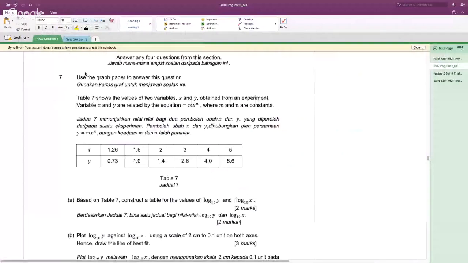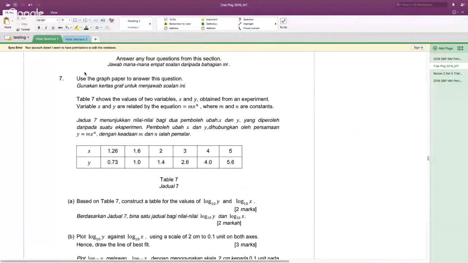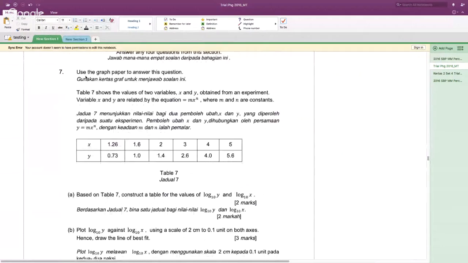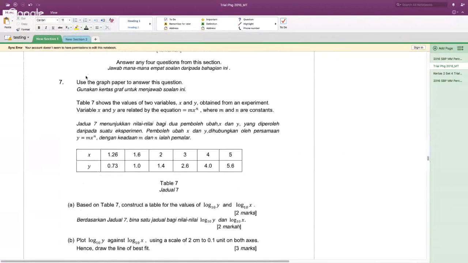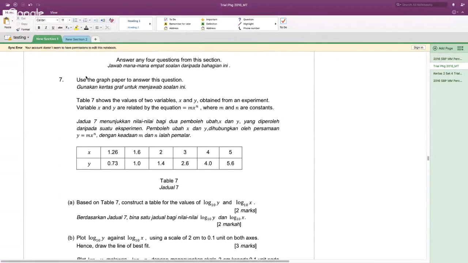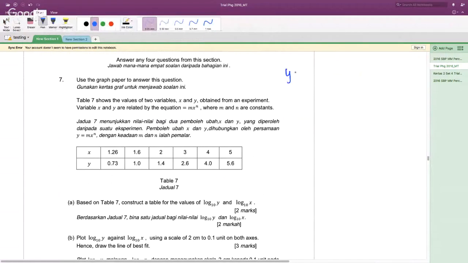Okay, this is linear law. I'm not going to draw this one for you, but I will explain the question. You have an equation which is y equals m x to the power of n.